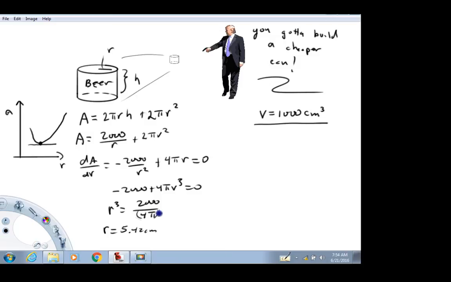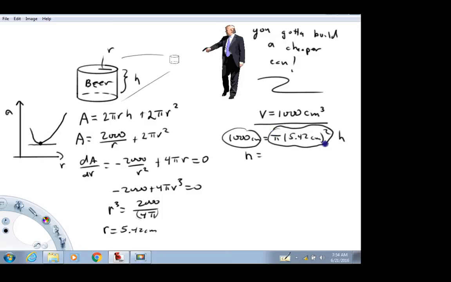We can go ahead and get the height from an equation that I erased, but the volume, which was 1,000 cubic centimeters, was equal to pi r squared, that's 5.42 centimeters squared, times h. Would somebody please take this 1,000 and divide by pi times 5.42 squared?